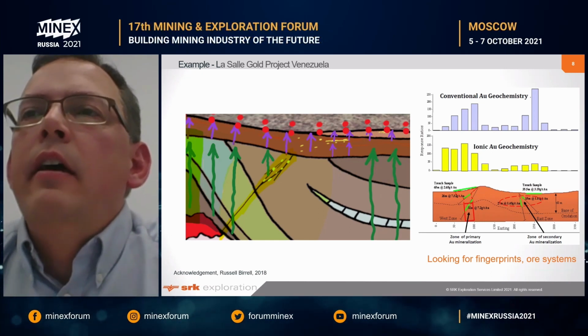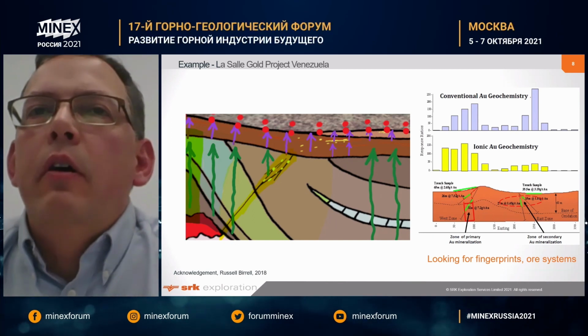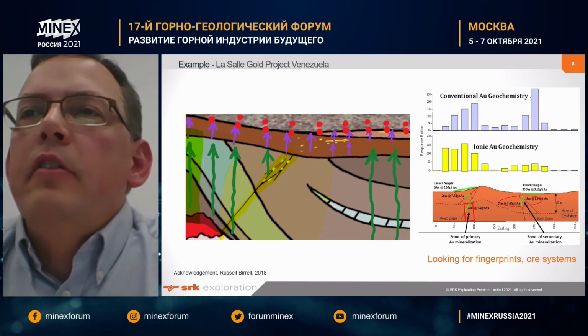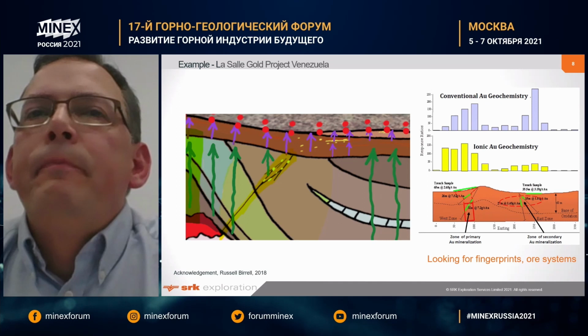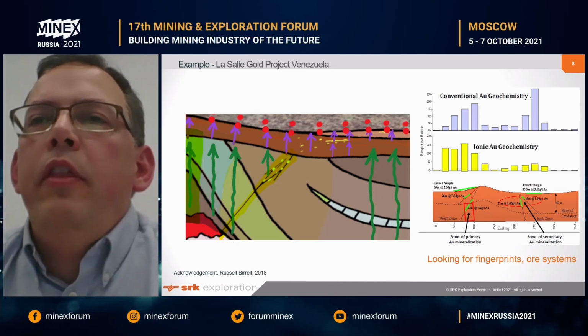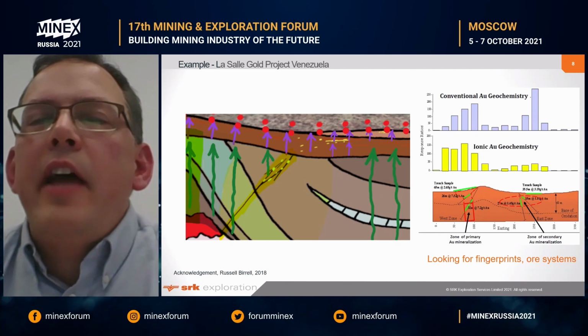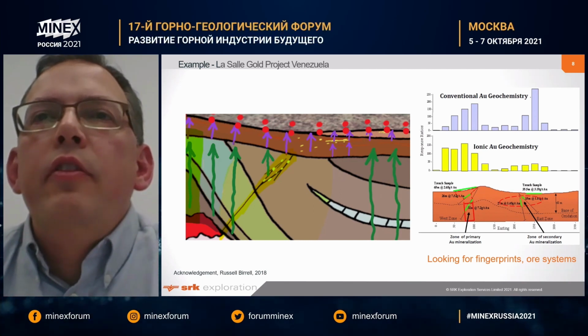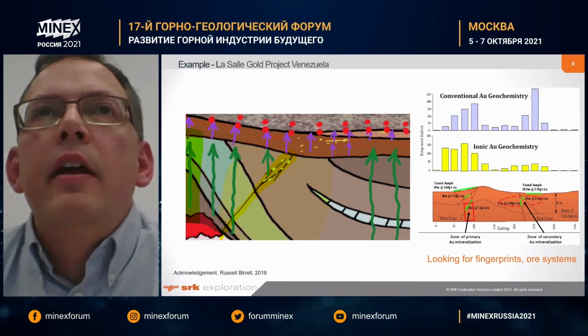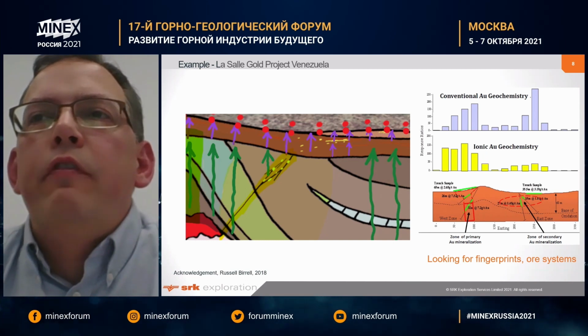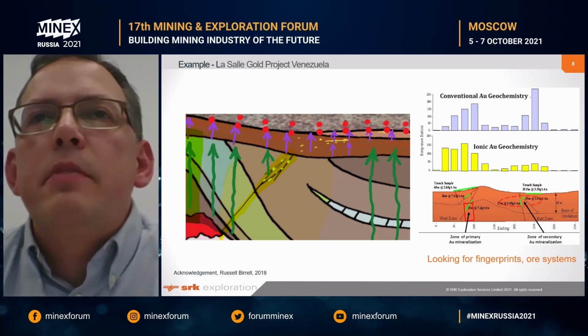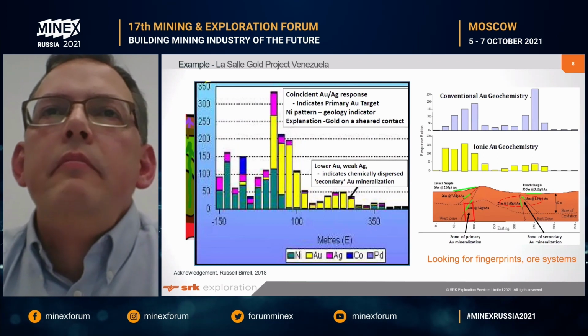One indicating a lower grade of gold, and one with a slightly higher grade of gold. Now, the important thing to note here is that the mineralization on the left is actually the location of what was found to be the main ore body itself. And the one on the right was the transported ore body.